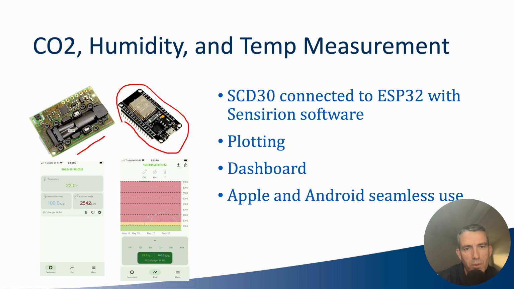It's pretty easy to upload onto your ESP32 microcontroller, and then you can access the data real easily with an app that they provide, and it makes it convenient to plot on your phone, whether it's an Apple or an Android, and that works seamlessly for greater than around 80 students. And you can also export the data.